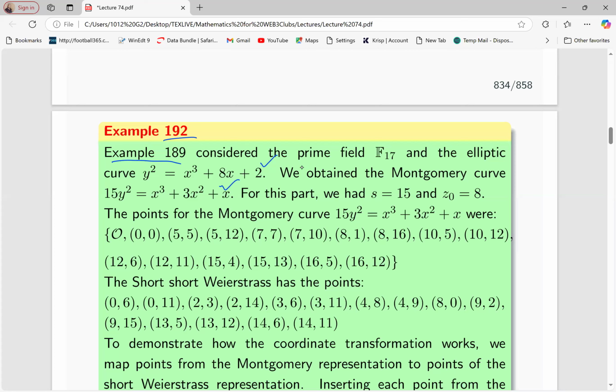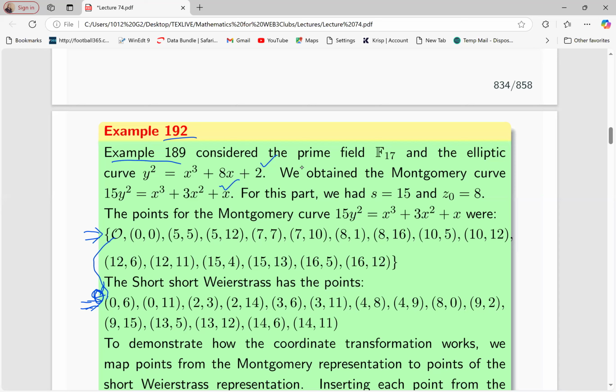The points of the short Weierstrass are this, and the points of the Montgomery, when we did it last time, we found this. So this is a point at infinity, and it will still be mapped to a point at infinity. I forgot to put it here; it's supposed to be a point at infinity here.